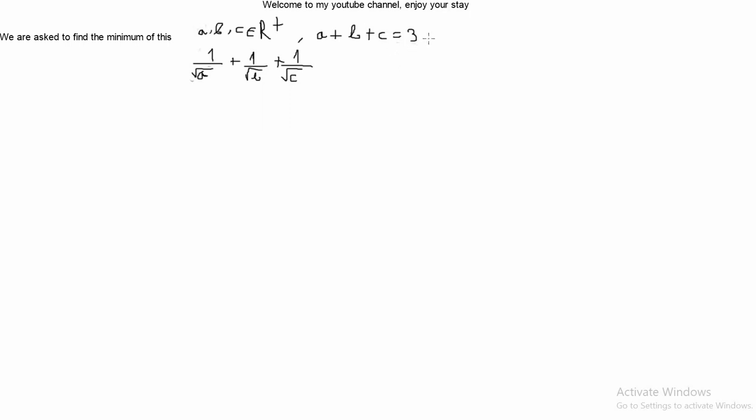A quick review of Hölder's inequality: we have sums of a1 up to an, raised to lambda a, b1 up to bn, raised to lambda b, and so on up to z1 up to zn, raised to lambda z.